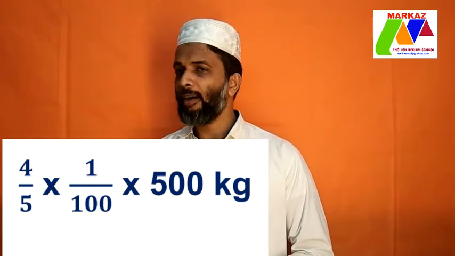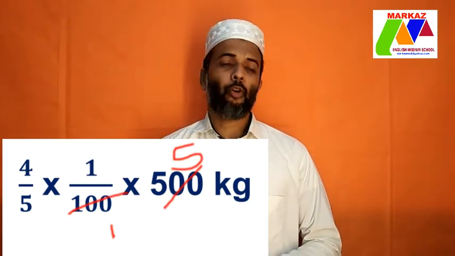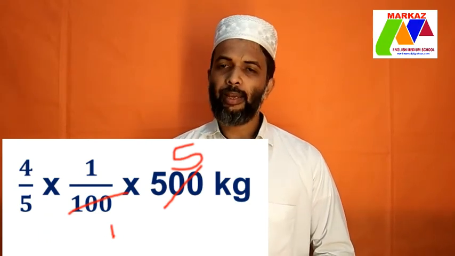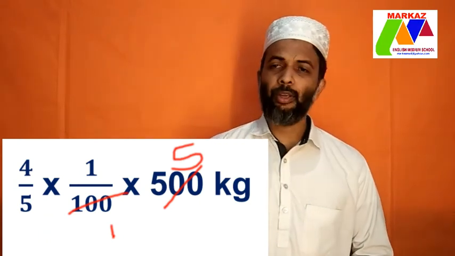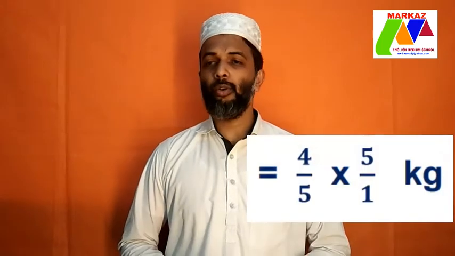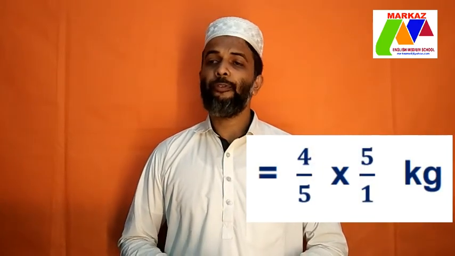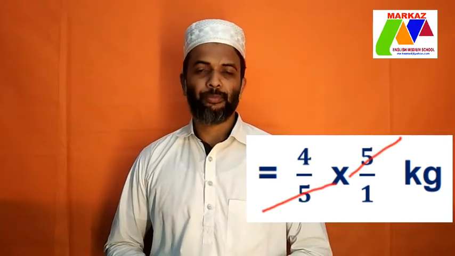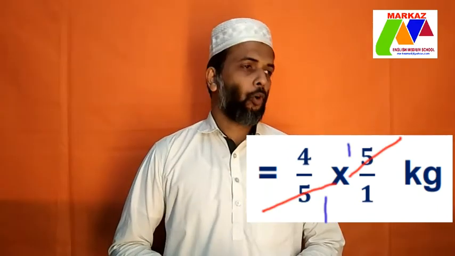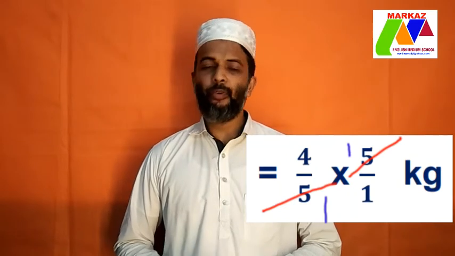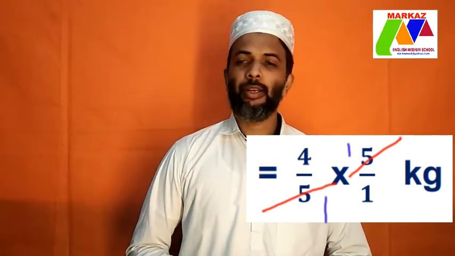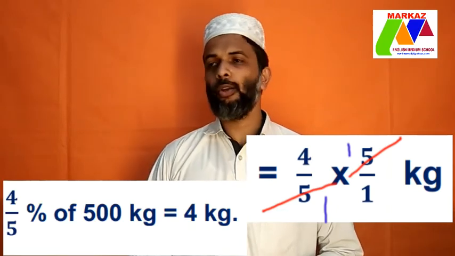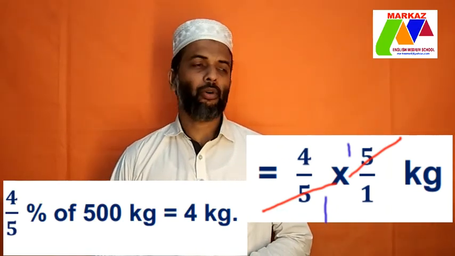In 500, 100 5 times. So 4 by 5 into 5 kilogram. Then again, 4 by 5 into 5 by 1 kilogram. Simplify the fraction 5 and 5 with 5. So 4 by 1 into 1 by 1. Answer is 4. 4 by 5% of 500 kilo is equal to 4 kilogram.